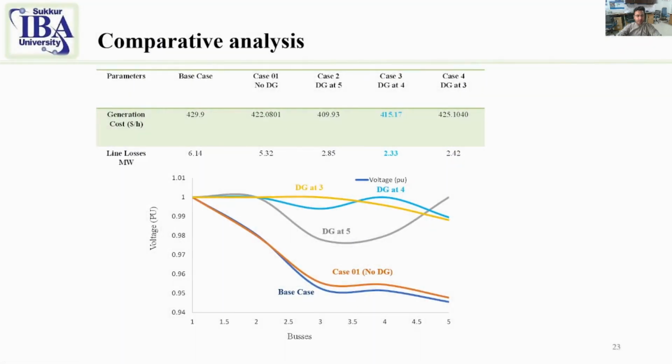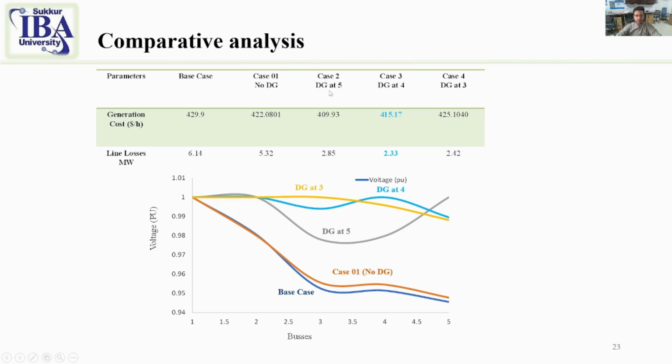So now this is the comparative analysis of our study. Here you can see we have the base case, the generation cost, and then the losses in the base case. Then we have case number 1 when there was no DG, we only optimized. You can see this orange line shows the optimized value of voltages. This is the cost then we get, and also the losses.